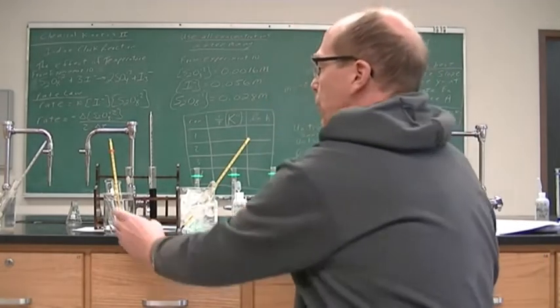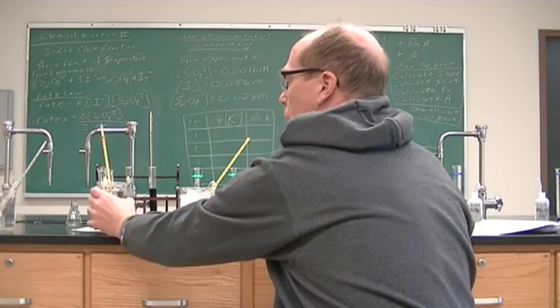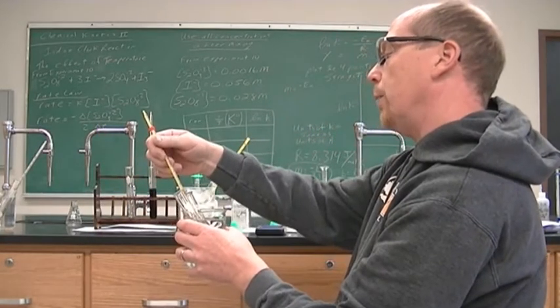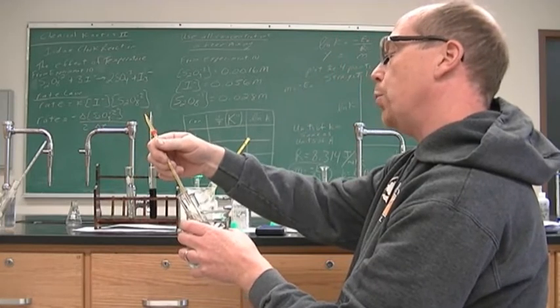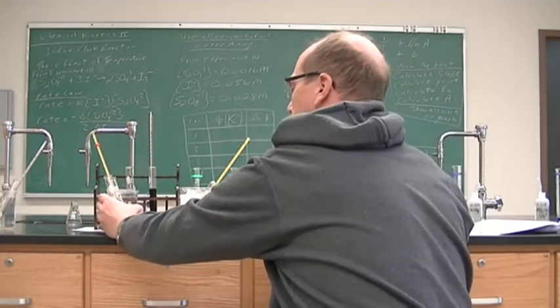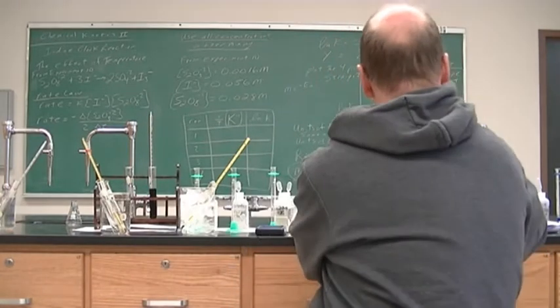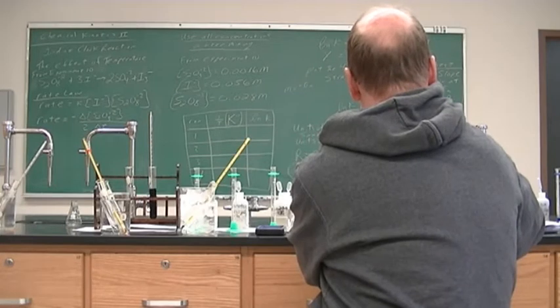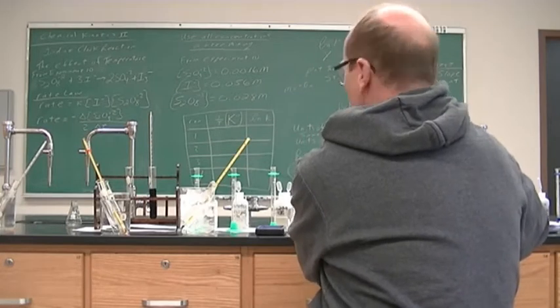All right, so when we do our 10 degrees below room temperature one, and I'm a little bit off on that, I'm at 9.5 degrees Celsius. So my temperature here, for the ice bath, was 2.0 degrees Celsius.